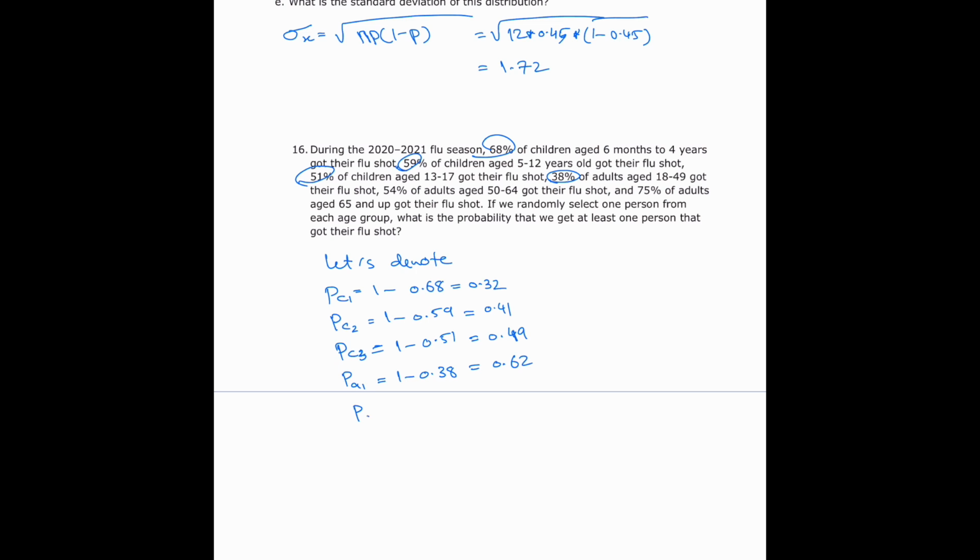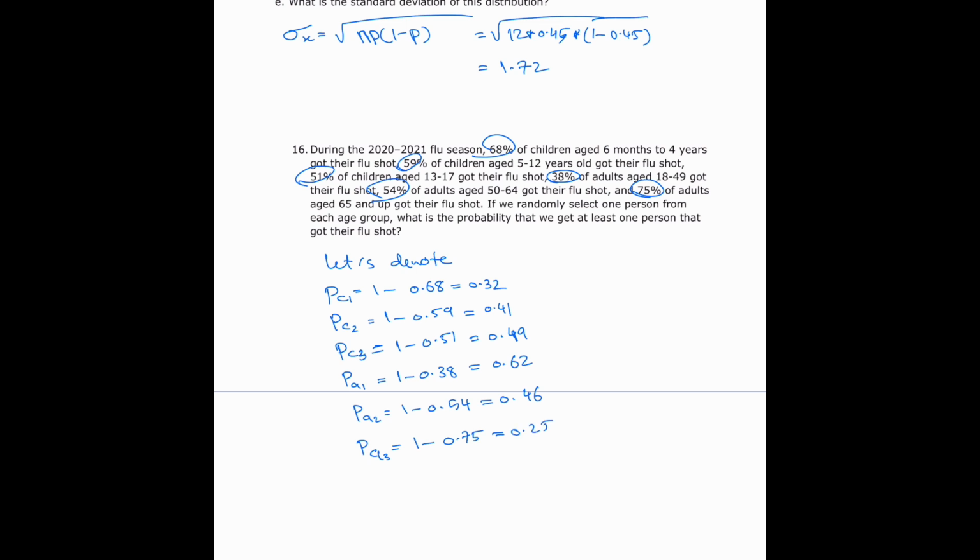And then PA2 is the probability that an adult aged between 50 and 64 years old didn't get their flu shot, which means 1 minus 0.54. And this is going to give me 0.46. And last but not least, PA3, the probability that an adult age 65 and up didn't get their flu shot, which is 1 minus 0.75. And this is going to give me 0.25.